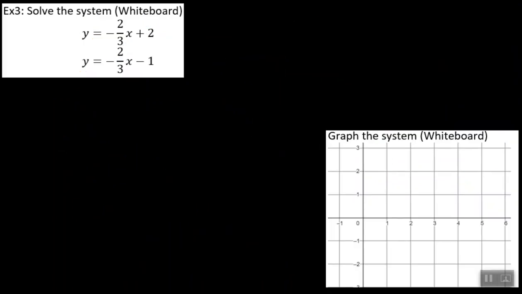Alright, here we are in our third and final example, and this is where we're going to bring it all home. We're going to really drive this point home. Check this out. We want to solve the system y equals negative 2/3 x plus 2 and y equals negative 2/3 x minus 1.